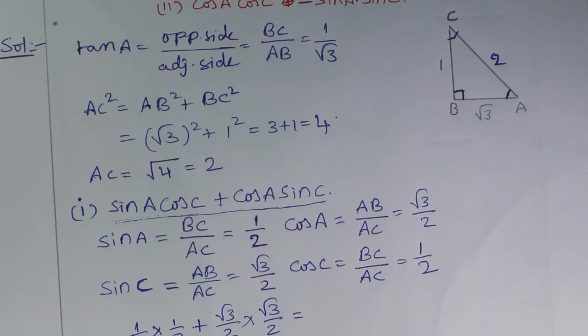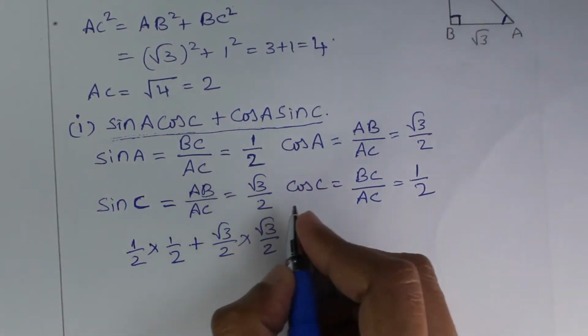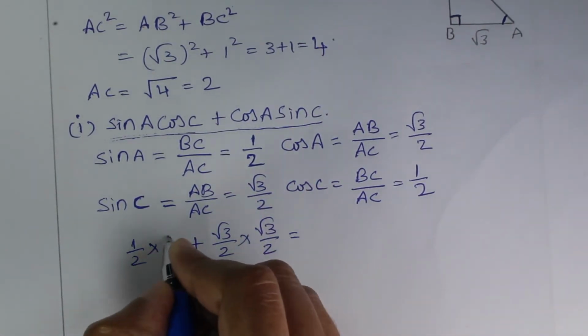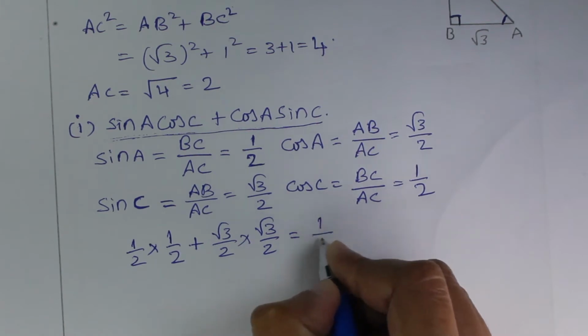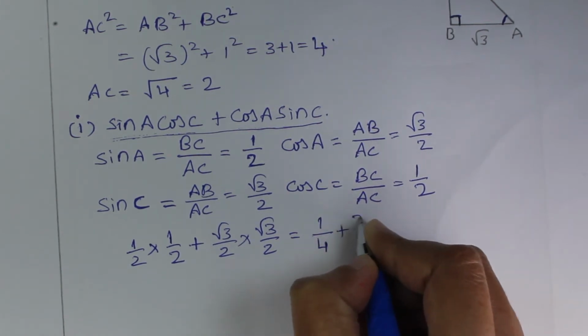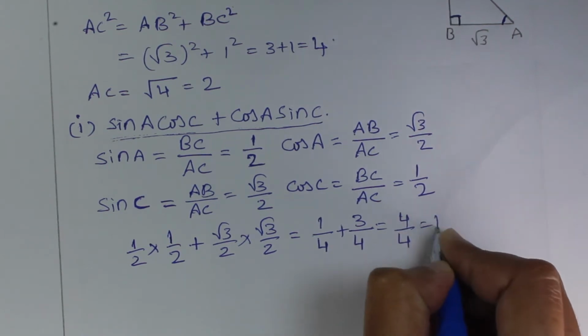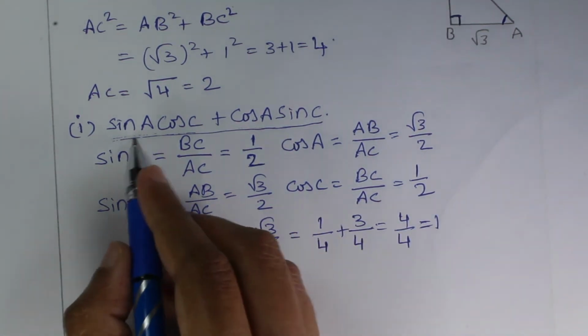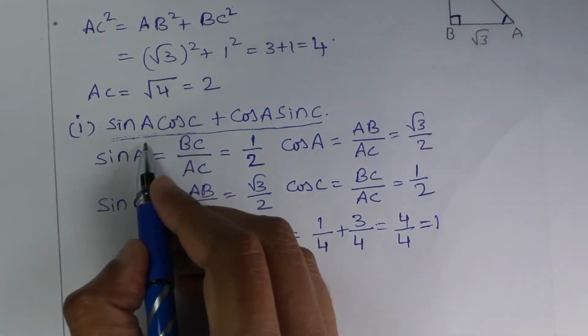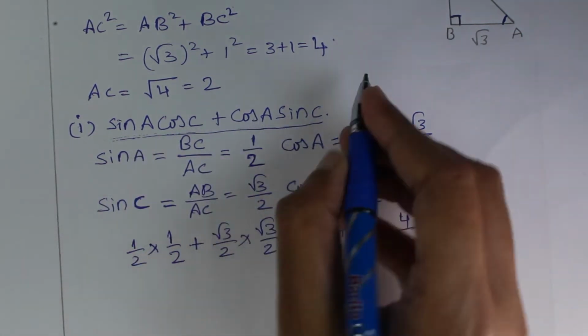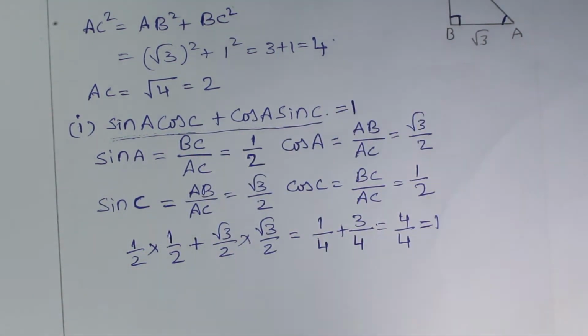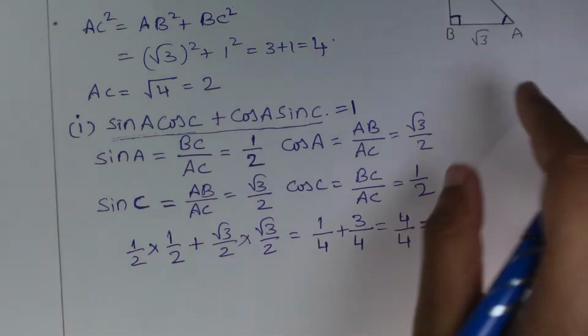That is equal to 1 by 4 plus 3 by 4. That is equal to 4 by 4, that is equal to 1. So the value of sin A into cos C plus cos A into sin C is equal to 1. We have solved the first part of the question.